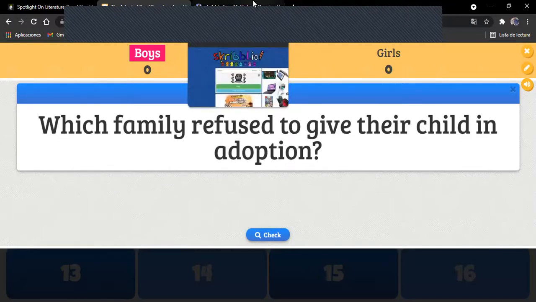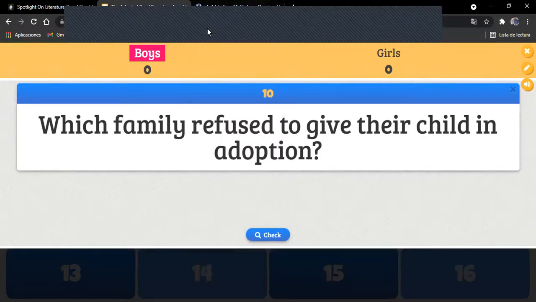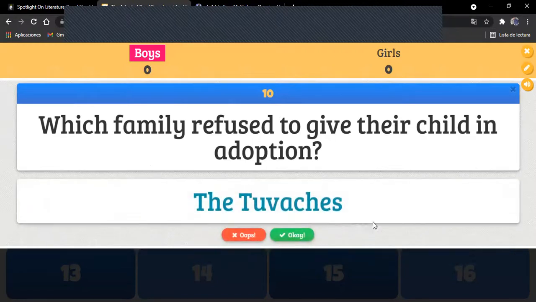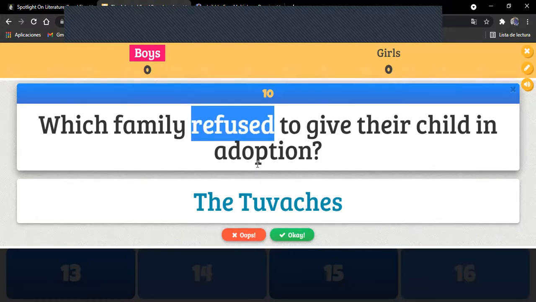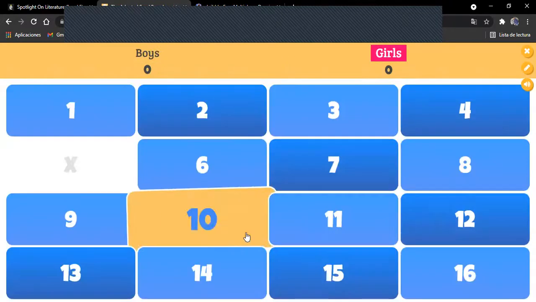Was it the Balangs or the Tuvach? Yes, okay, they refuse. Well, actually, the Balangs accepted and the Tuvach refused. Sorry, no points for you.